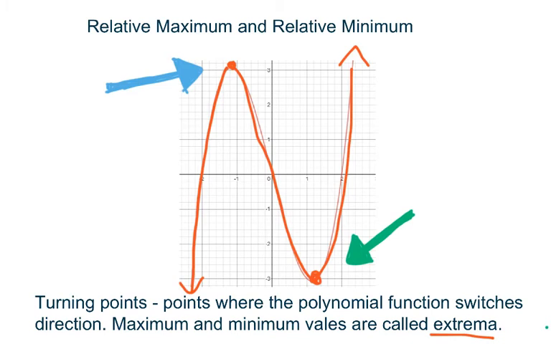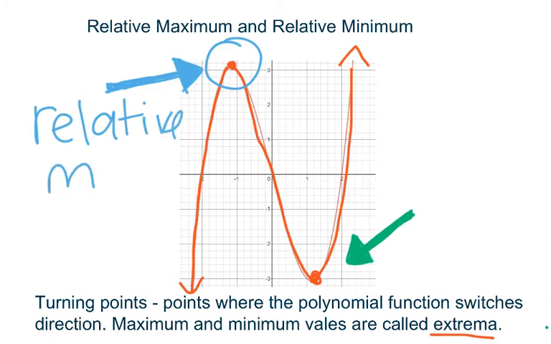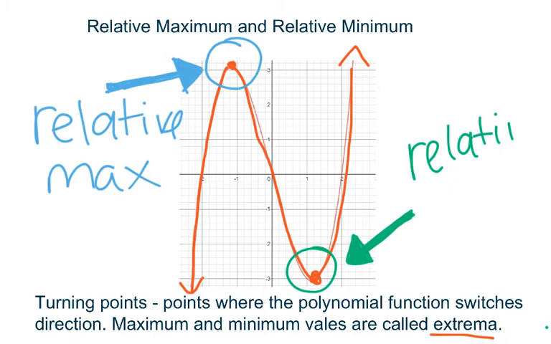But the one in blue that's highlighted here, this would be a relative max because it's a turning point and it's like an upper turning point. So you're like at the top of a hill. So at the top of a hill would be a relative max. This one here in green, that is our relative min.